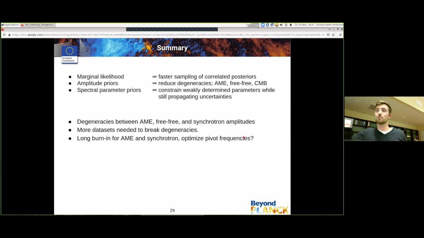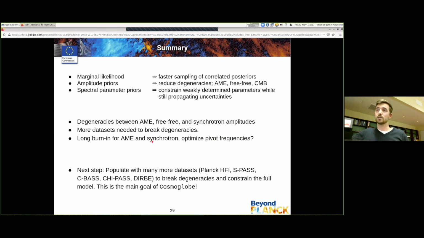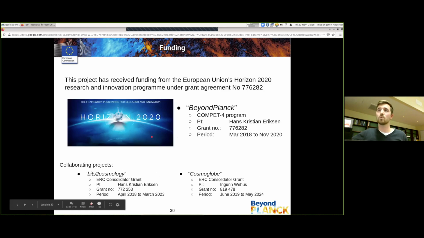This is a work in progress, and we're going to look at it in the near future. The next step would be to populate this entire analysis with as many data sets as possible in order to break the degeneracies and constrain the entire model. And again, this is the main goal of Cosmoglobe.